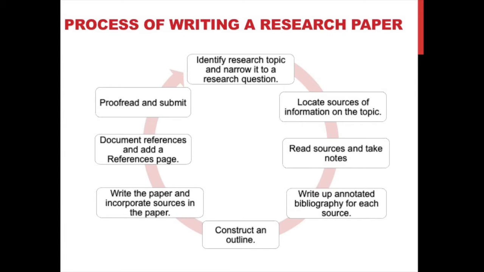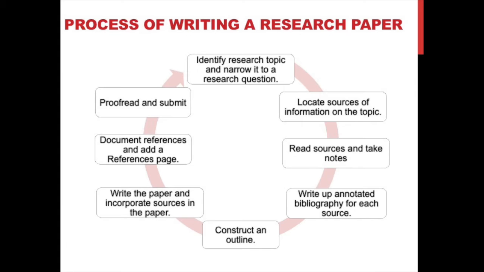This is the step that usually students forget or neglect. The final step is for you to proofread your articles. A lot of times students just write and submit without proofreading, and then you have a lot of mistakes in this academic paper. So the final step is really for you to take some time to make sure that you don't have major mistakes in the paper before you submit it.